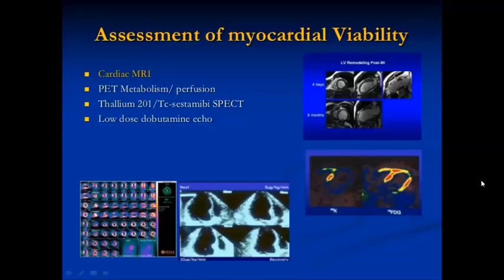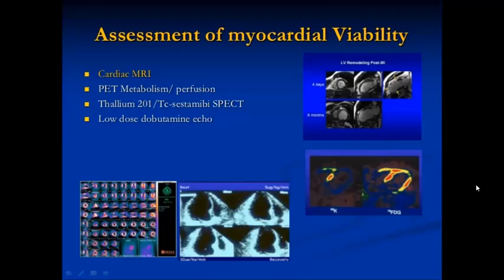Assessment of myocardium viability is based on cardiac MRI and positron emission tomography metabolism and perfusion with Thallium 201. Ultrasound with low dose dopamine, administered as a contrast agent for ultrasound, also may be helpful.